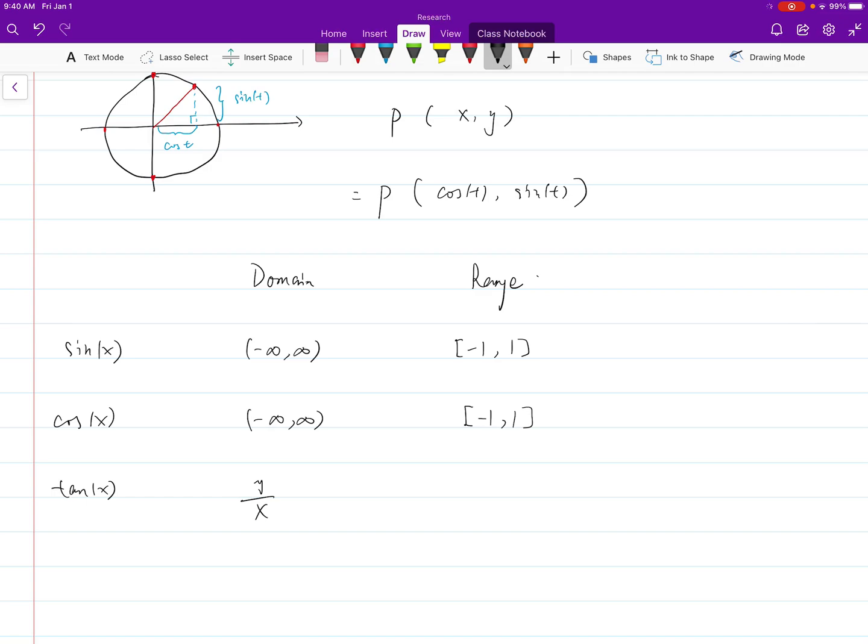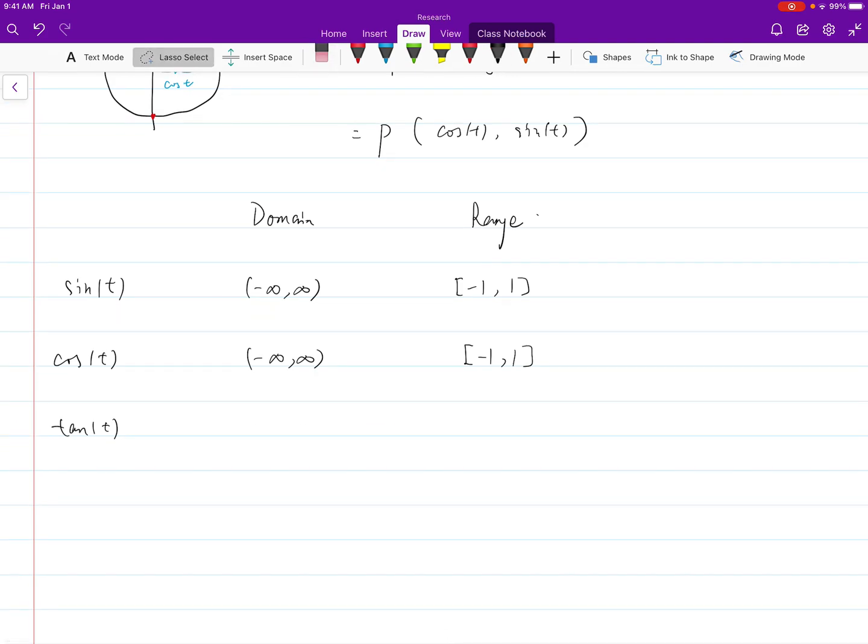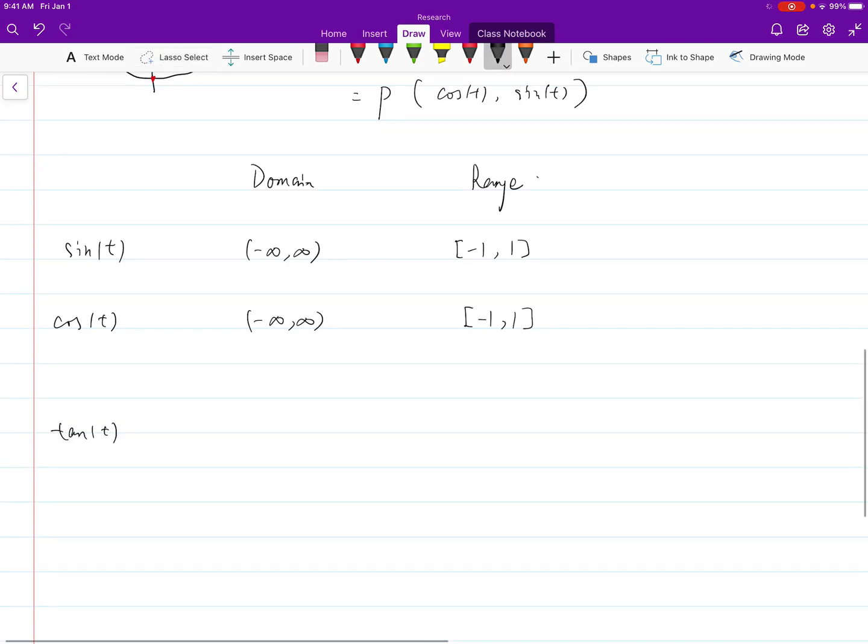For tangent t, okay, what do you have? You have y over x. I should put t here to stay away from confusion. You have y over x. So you should stay away from where the function has x equals 0. So if you think about a unit circle, where will the x value for the point be 0?